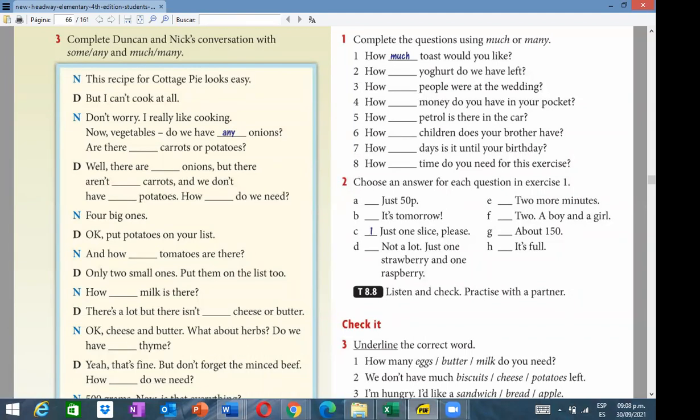Are you ready? Can we check now? Yes or not? One minute more, please, students. Then we are going to check, please.